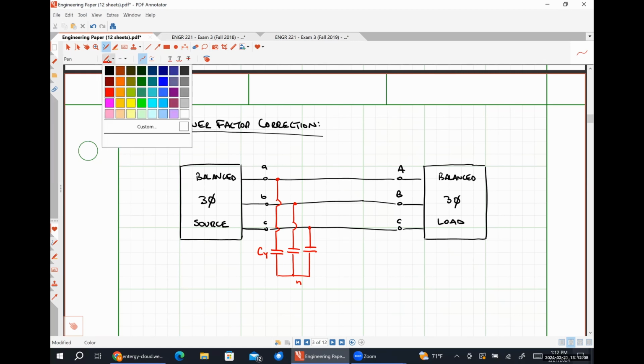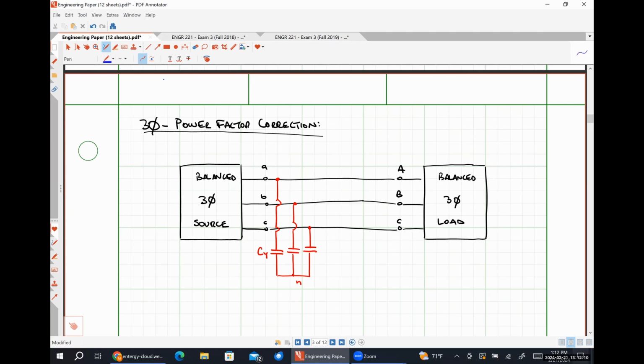Alternatively, and I'll do this in blue, I can install a delta connected capacitor bank. So that would look something like this. I would have a capacitance C delta connected between the A and B phases, an identical capacitance C delta connected between the B and C phases, and a third capacitance C delta connected between the A and, excuse me, the A and C phases.